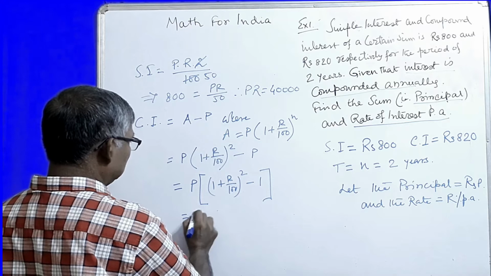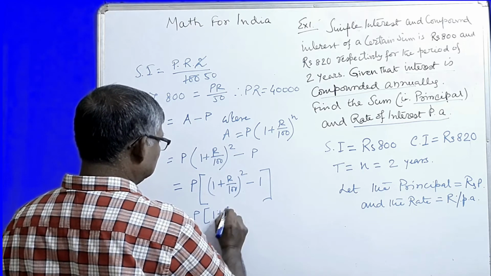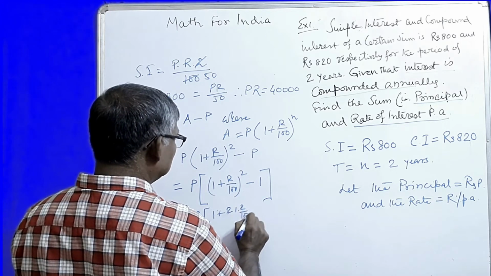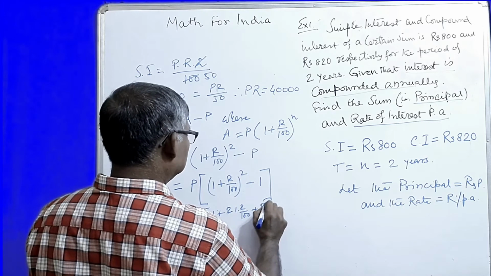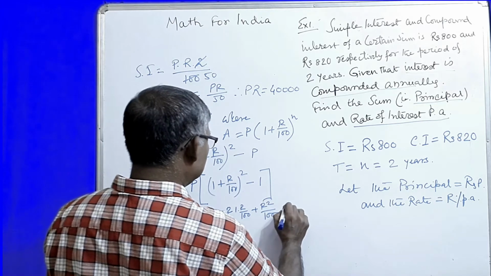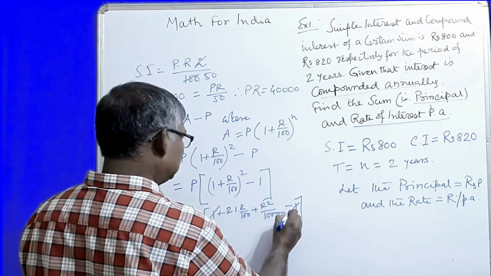That is P into 1 plus 2 into 1 into R by 100 plus R square by 10,000 minus 1. 1 cancelled.